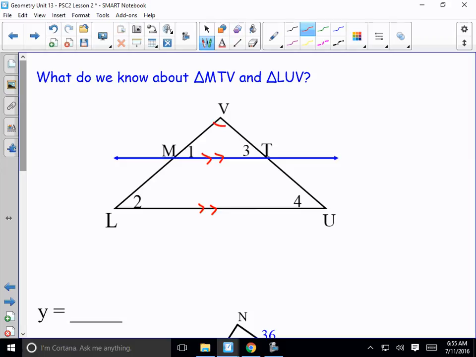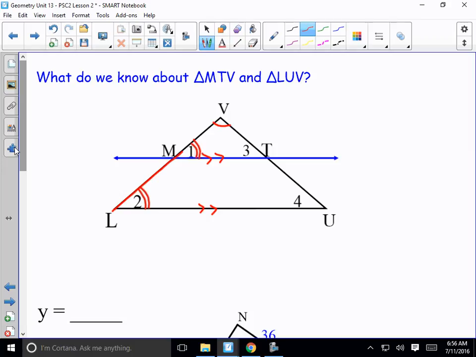Now the good part is we know that this top angle is congruent to itself. Now, since we have parallel lines and we have a transversal cutting through them, if we have parallel lines cut by a transversal, we now know that angles 1 and 2 are corresponding angles for those parallel lines.